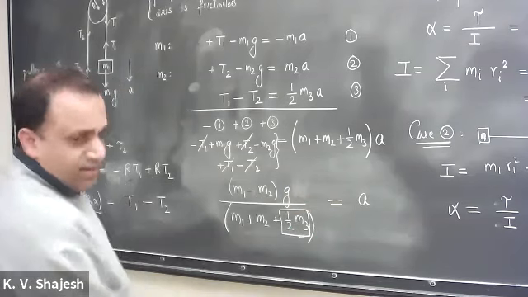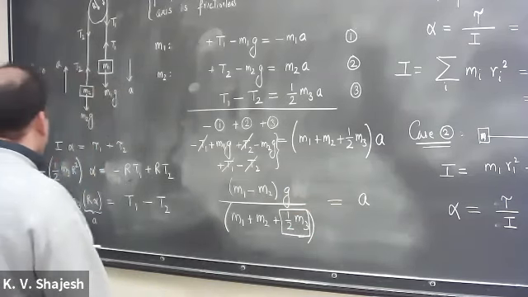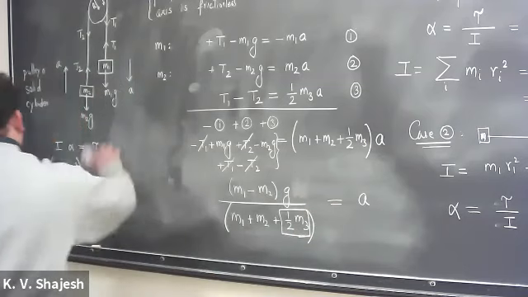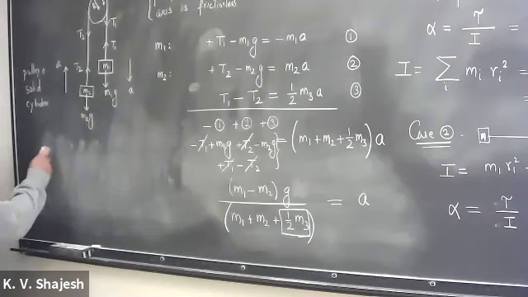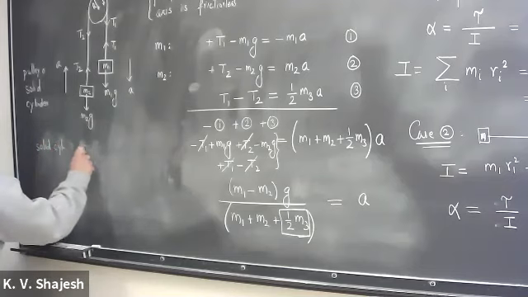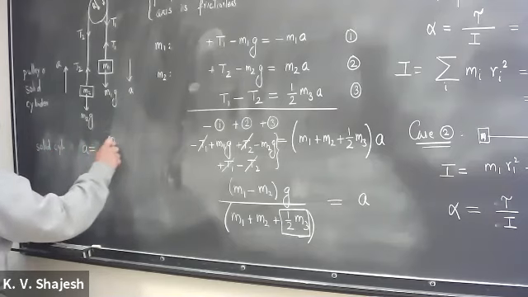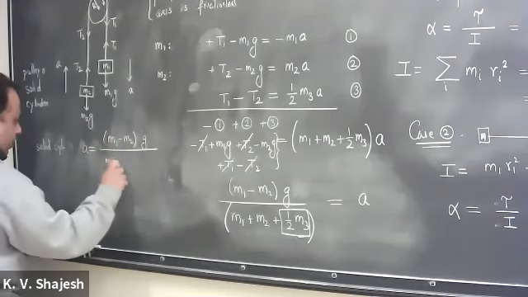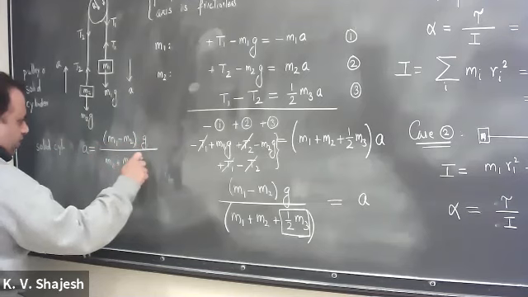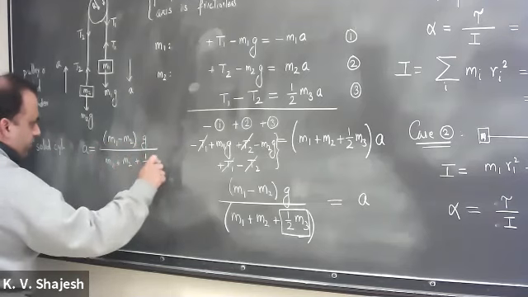So let me write that down. So very little space here. So I think so. If I had a solid cylinder, it gave me acceleration to be M1 minus M2 times G divided by M1 plus M2 plus half of M3.